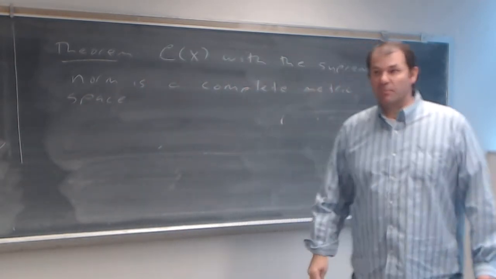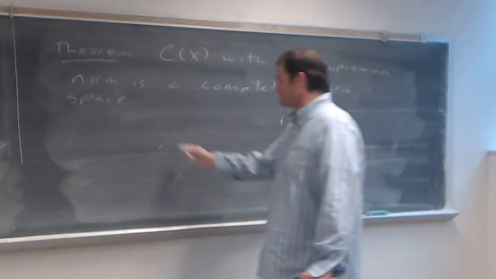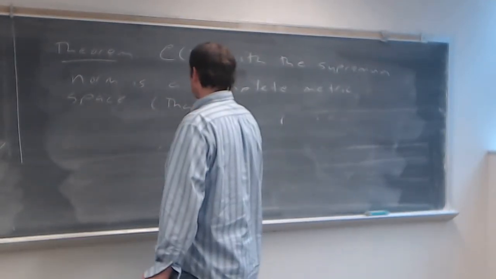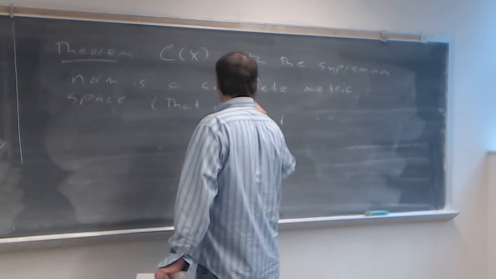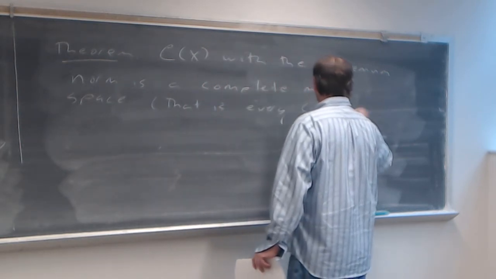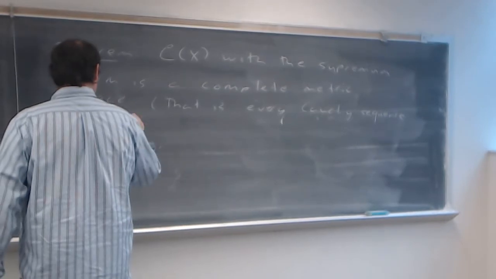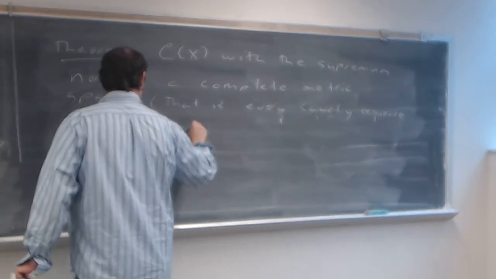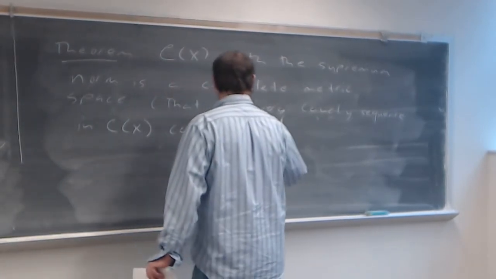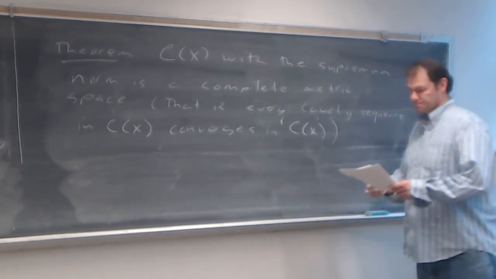You may have forgotten what it means to be a complete metric space. And so let me write down that definition. That is, every Cauchy sequence in C sub X converges in C sub X. Okay, that's what we've got to prove.